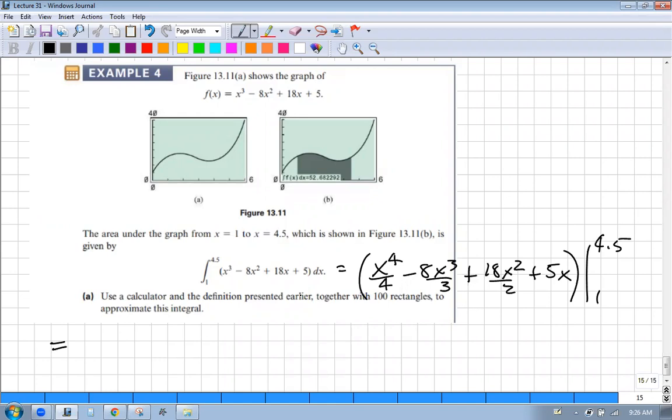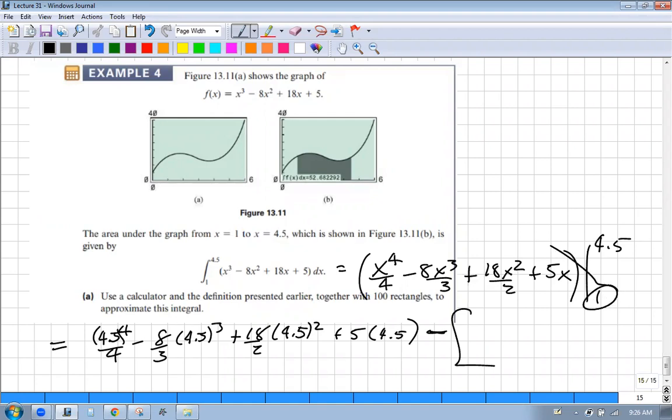So plug in 4.5 everywhere there's an x. It's 18 over 2, 4.5 squared, 5. So plug in 4.5, then subtract, and now plug in a 1 into everything.